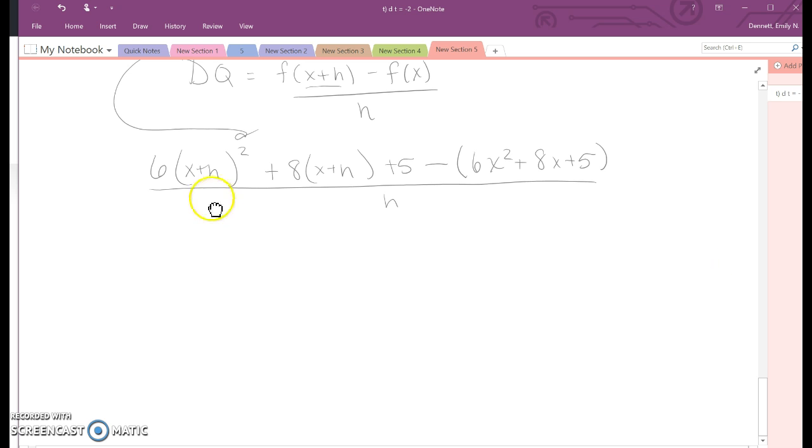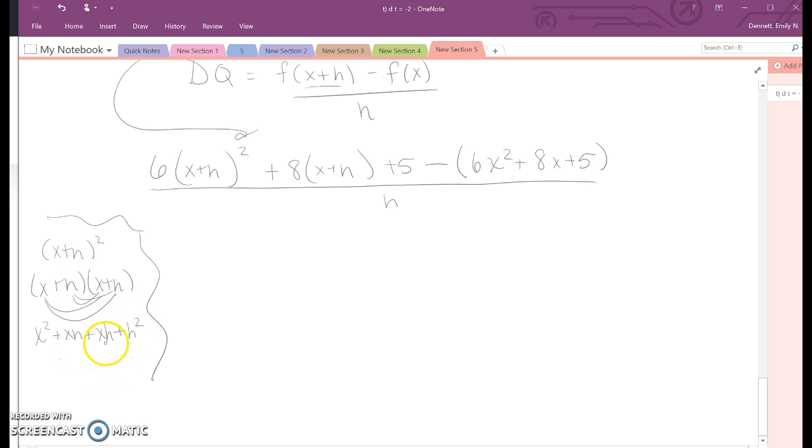Now the first thing we're going to do off to the side is this x plus h squared. Now x plus h squared is x plus h times x plus h. So we'll FOIL this. The first terms give us x squared, outside terms give us xh, the inside terms give us hx, or that's the same thing as xh, and the last terms, h times h, is h squared.